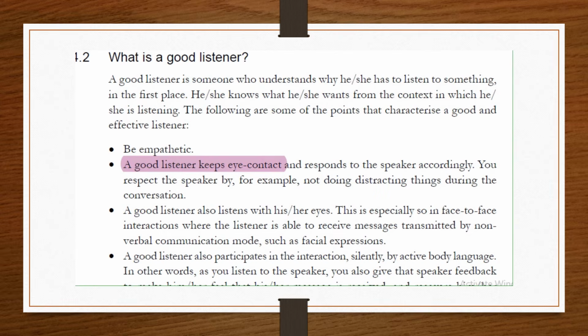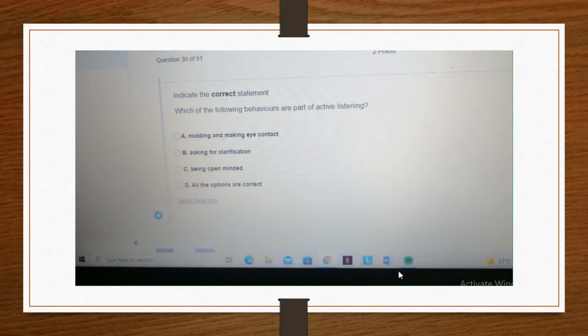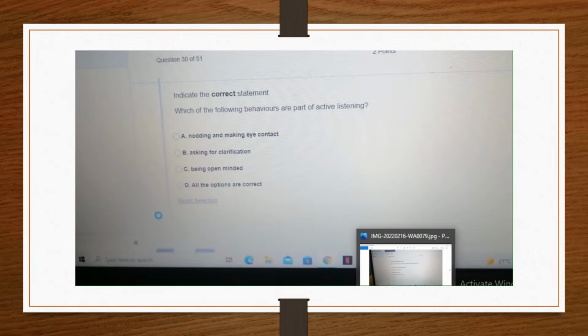All right, on page 72 of our study guide, we have what is a good listener. Yes, there's our first point there. A good listener keeps eye contact. What's our second option? The nodding part, asking for clarification, and being open-minded.